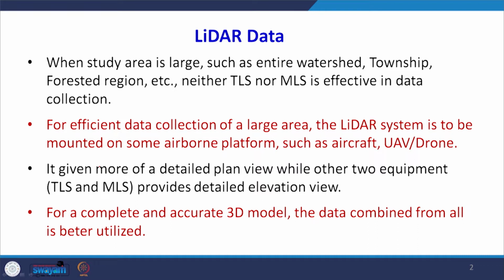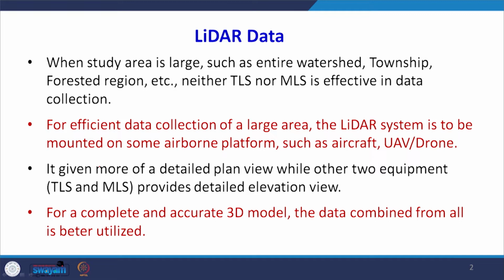Here the data is collected at a greater speed for a large area, but from a greater height. The difference is that the terrestrial laser scanner and mobile laser scanner are more or less collecting data of the facade, the elevation of the structures, because they scan the objects in the horizontal direction.